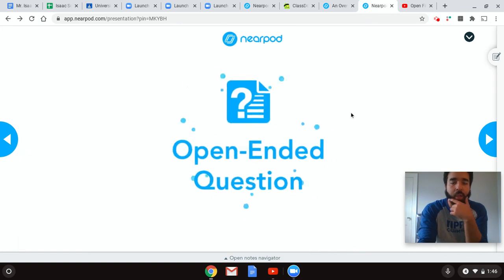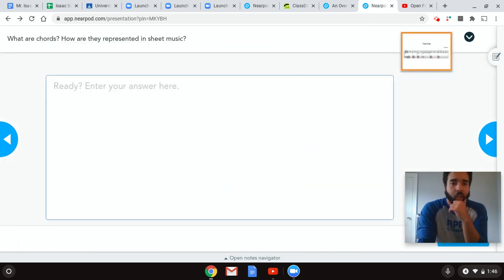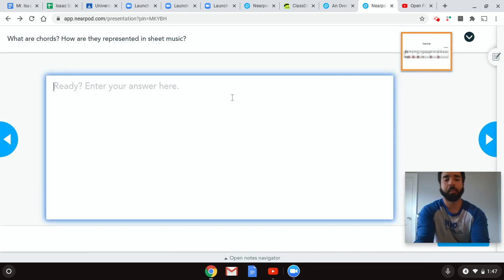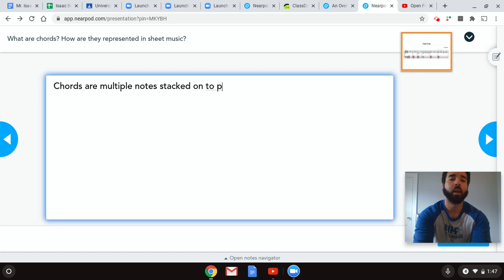Okay. Open-ended question. We are almost done with this lesson, guys. What are chords? How are they represented in sheet music? Chords are multiple notes stacked on top of each other. You can go ahead and just write that because that is the right answer. How are they represented in music?